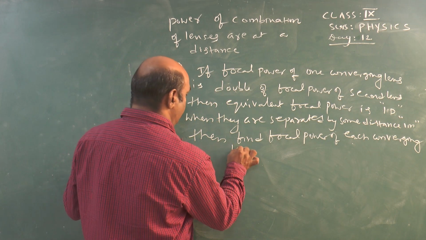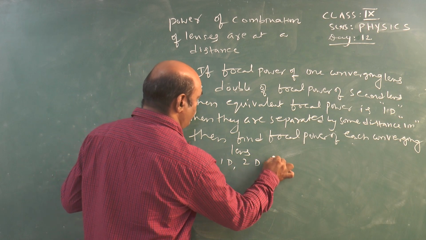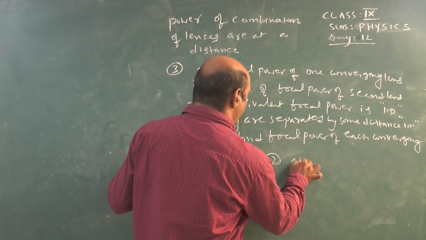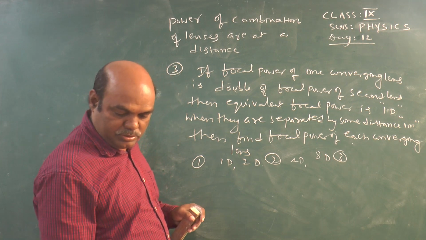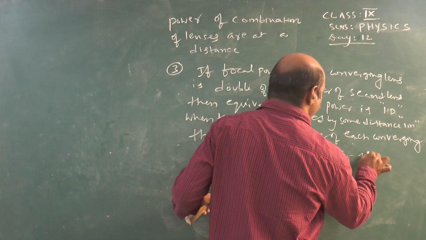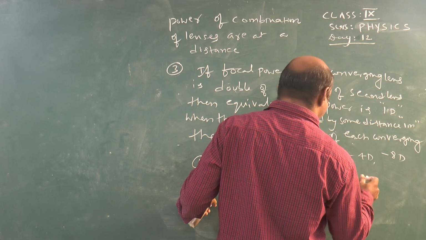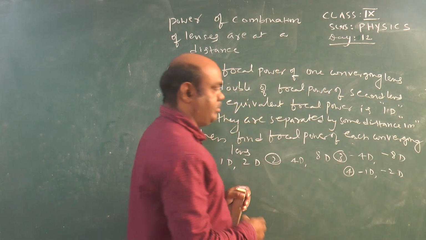First option 1 diopter, 2 diopter. Second option 4 diopter, 8 diopter. Third option minus 4 diopter, minus 8 diopter. Fourth option minus 1 diopter, minus 2 diopter.